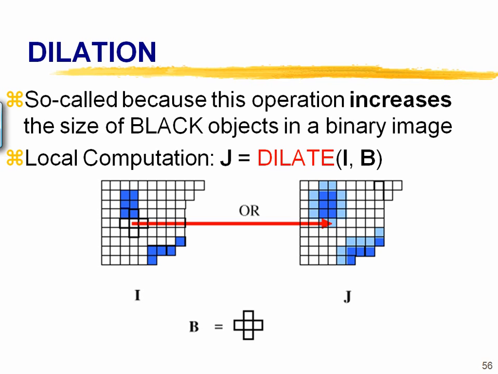So now my window is sitting here. I perform an OR operation. I have a bunch of zeros and a 1. The result of that is going to be a 1, so now this pixel is going to be colored 1. So as a result, all I've done is increase the size of this object. So this thing looks blue now, right? And I keep doing this across the entire image, and your end product is going to look like this. So you dilated the object. Does that make sense?